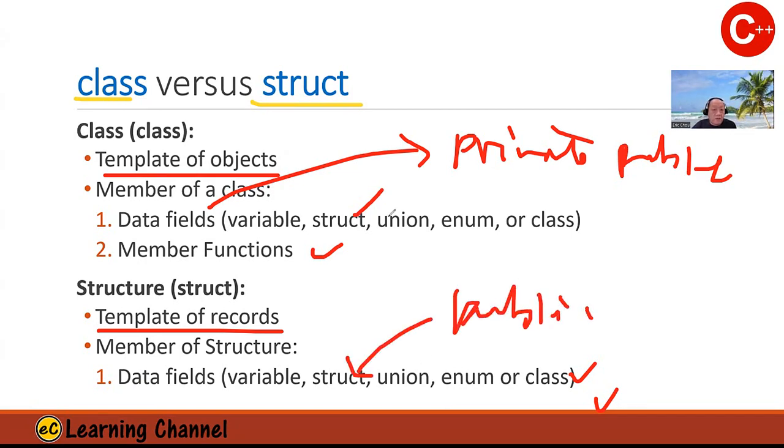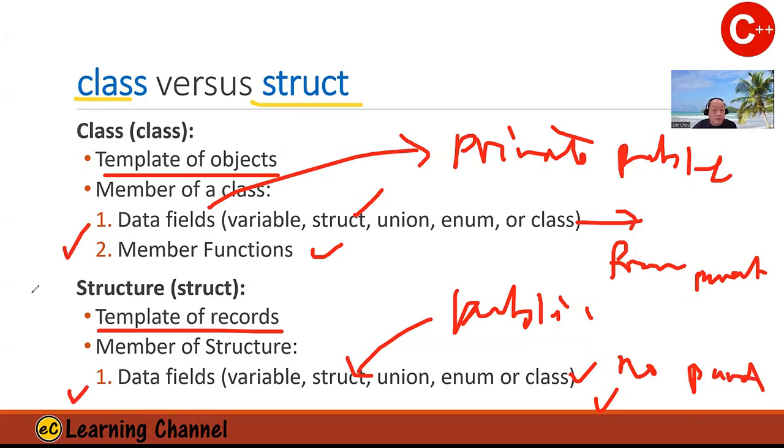This one you may have data fields from a parent, also from parents. And this one, structure, has no parents. Member functions, you can have a member function. You also have a member function. Is that okay so far?